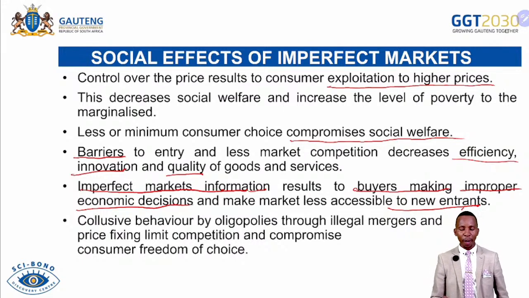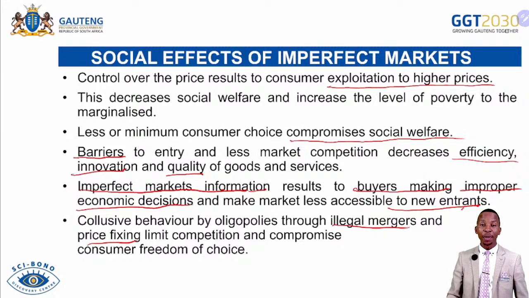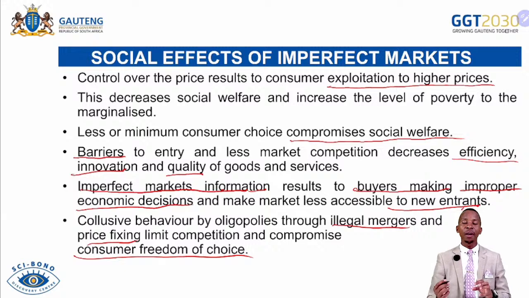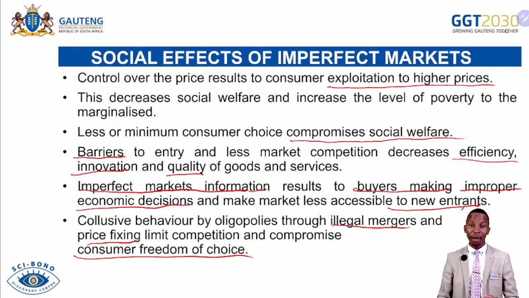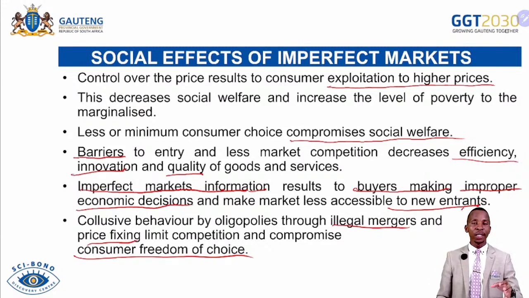Collusive behavior by oligopolies through illegal measures and price fixing limits competition and compromises consumers' freedom of choice. If firms decide to merge and become one firm, that will reduce competition and reduce the choice for consumers. Remember, consumers will always need to have a choice. So there must always be competitors where consumers can compare prices and look at the quality of goods.